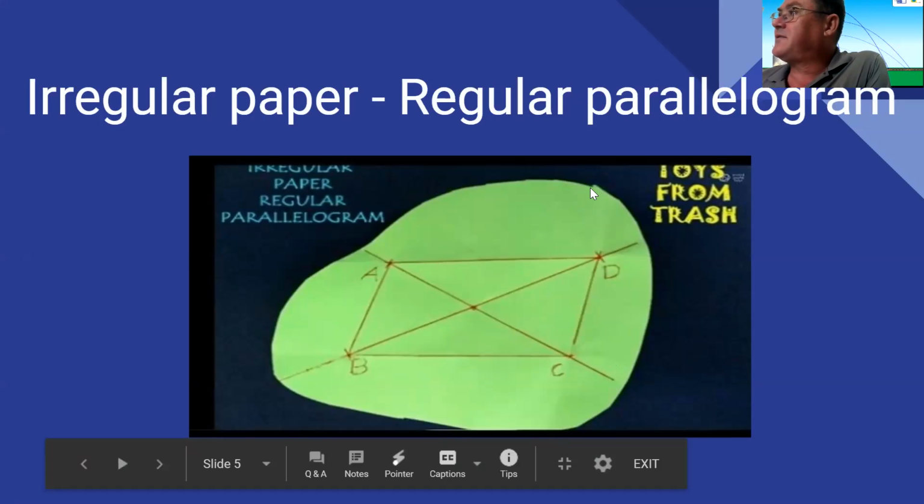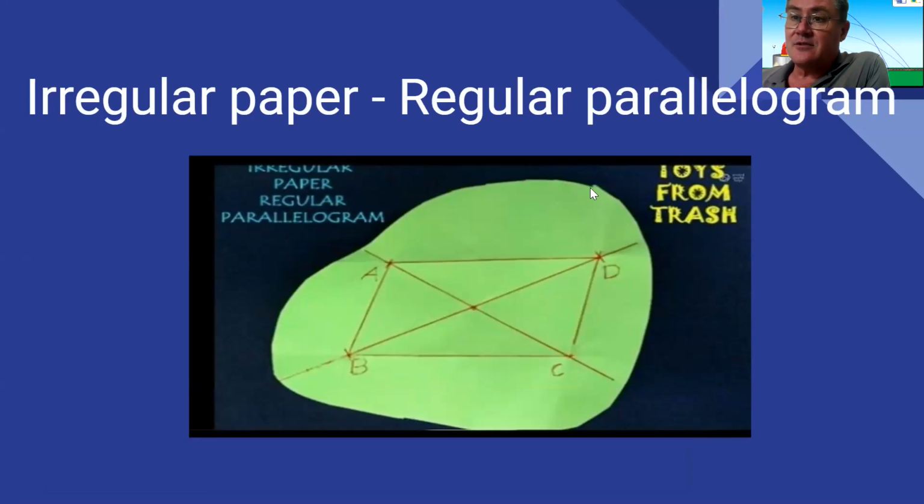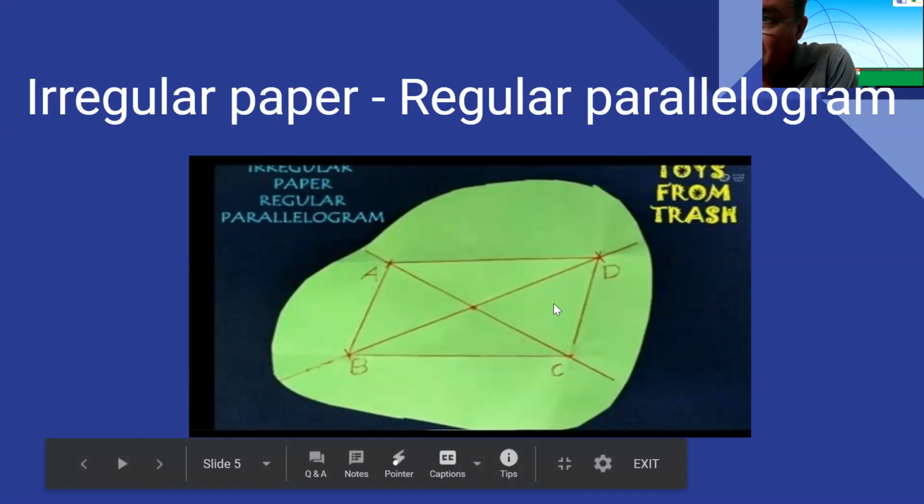I hope you guys have got your scissors. If you haven't got your scissors, I've got the scissors for you. There are scissors, there's paper. We're just going to cut a random shape with the scissors, and then we are going to make a parallelogram.